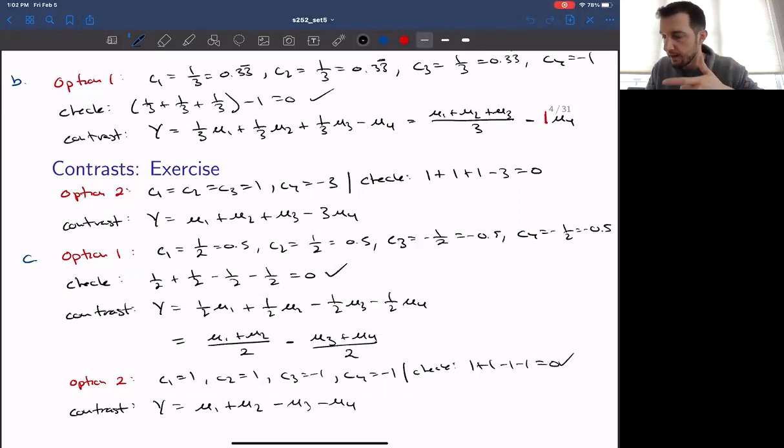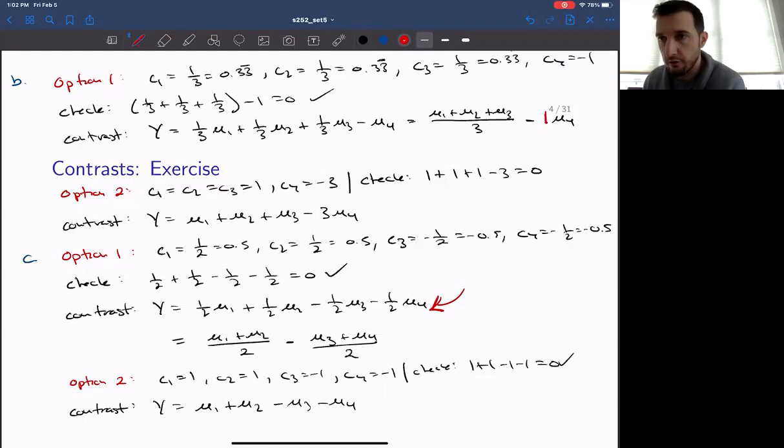For example, in part C, we are taking the average of the first 2 means and comparing that to the average of the second 2 means. So we have the contrast, which is equal to 1/2 mu1 plus 1/2 mu2 minus 1/2 mu3 minus 1/2 mu4. This is a contrast that compares the average of mu1 and mu2 to the average of mu3 and mu4.